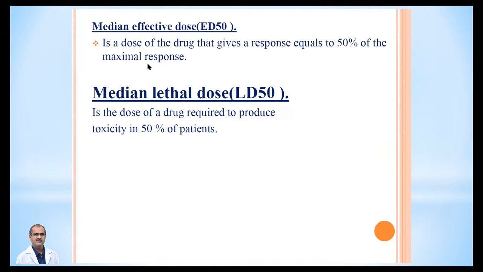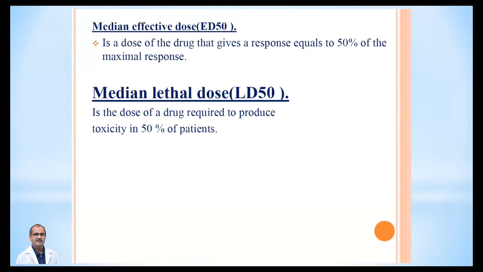And another terminology is the median effective dose, also known as ED50, effective dose 50. That's a dose of the drug that gives a response equal to 50% of the maximum response.